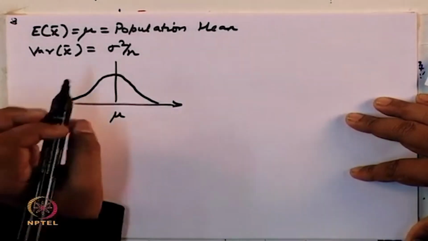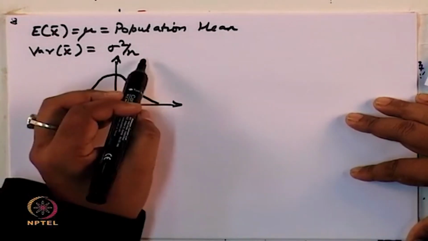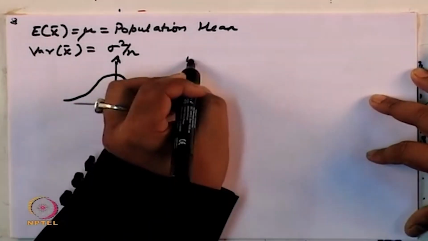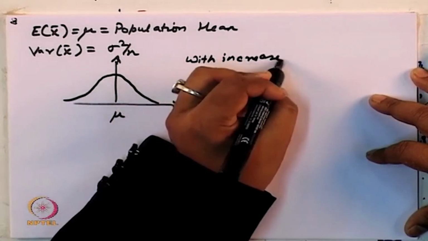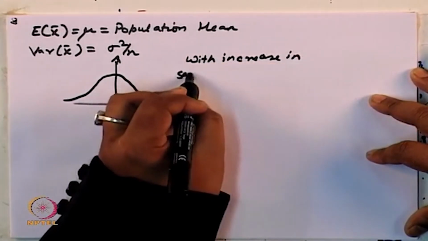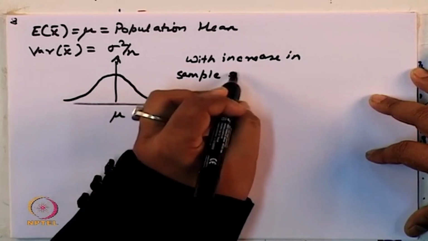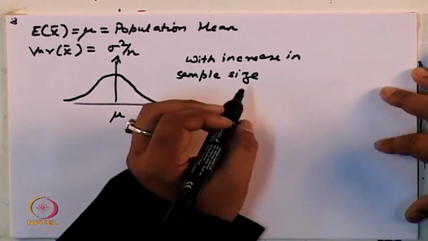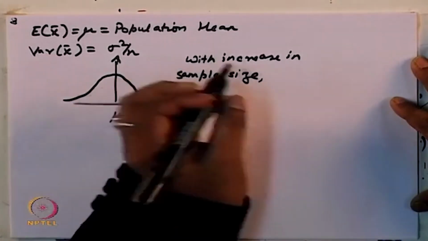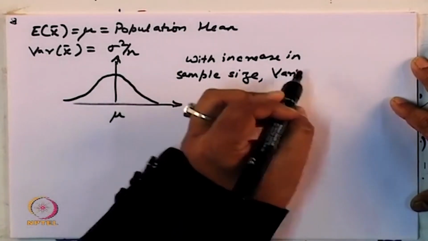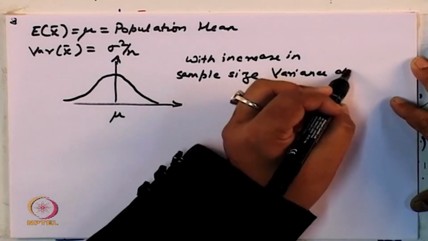For the sampling distribution, with an increase in sample size n, the variance decreases.